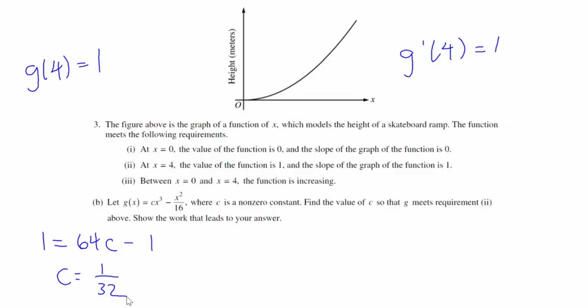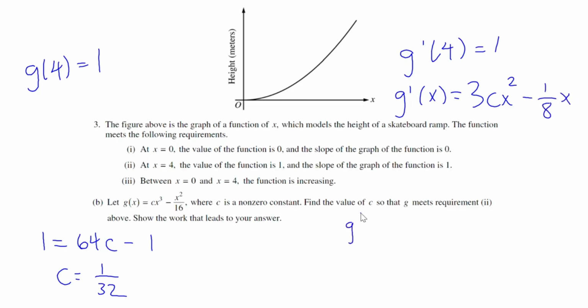And so it seems like hopefully that's the right value here. G prime here is going to be, we'll write it out here, g prime of x is going to be 3cx squared minus 2x over 16, which will just be 1/8 x.